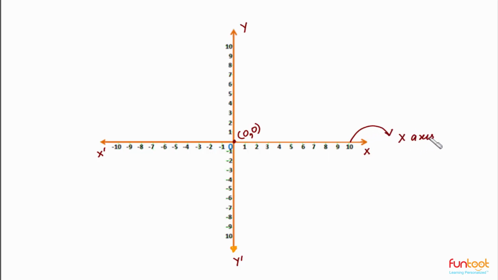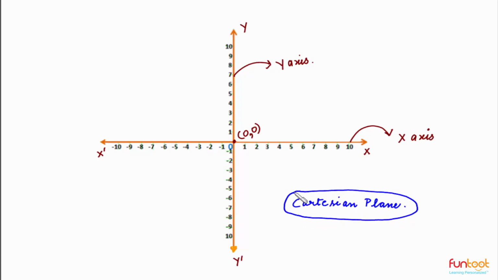The horizontal axis is called the x-axis and the vertical axis is called the y-axis. And the plane on which these axes are located is called the Cartesian plane. So this plane is the Cartesian plane.